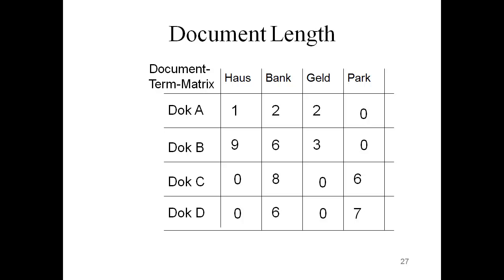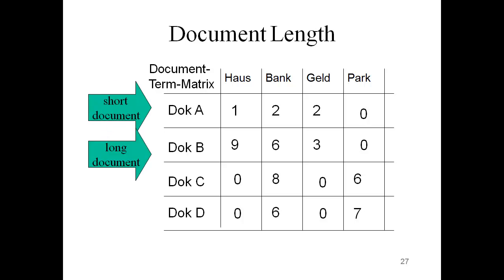Now we want to give all the documents the length 1. So let's just show it. Here we have the short document, the long document, yes. And here we have 2 and 3. We think that Gerd, we should give document B because it counts more often.